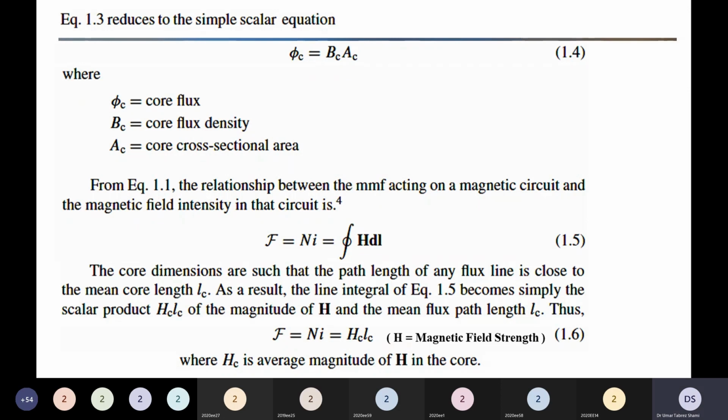Look at equation number 1.5. What is this? It is the MMF value.